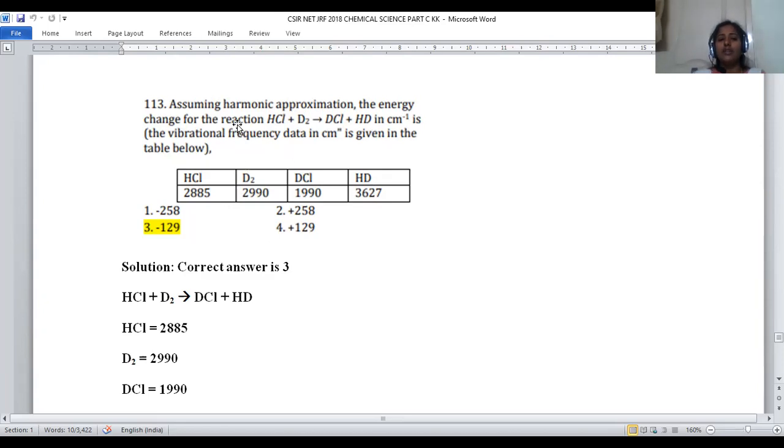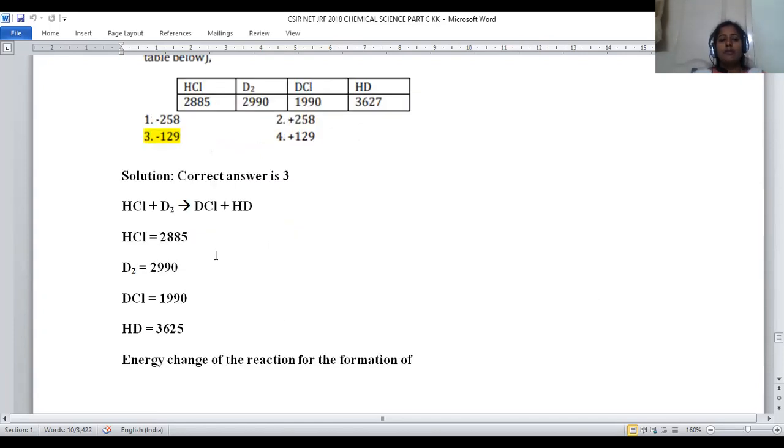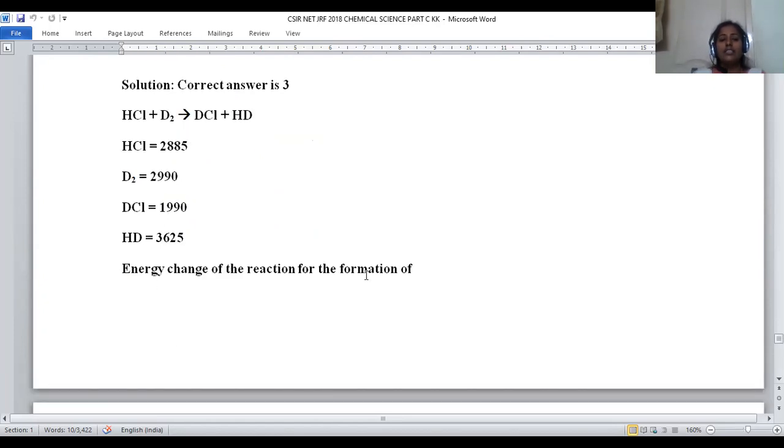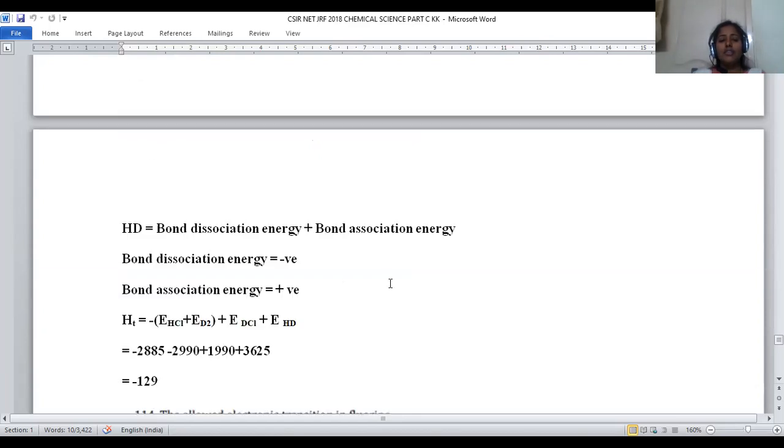What we have to predict? We have to predict the energy change for the reaction. To what extent the energy change is possible, that is required to be calculated. For that purpose, the data provided is HCl frequency, deuterium, DCl and HD frequency, right? So the energy change of the reaction for the transformation to HD is equal to bond dissociation energy plus bond association energy.